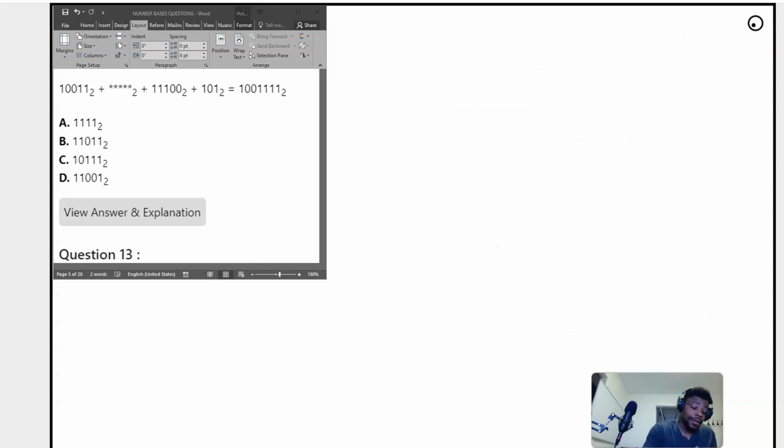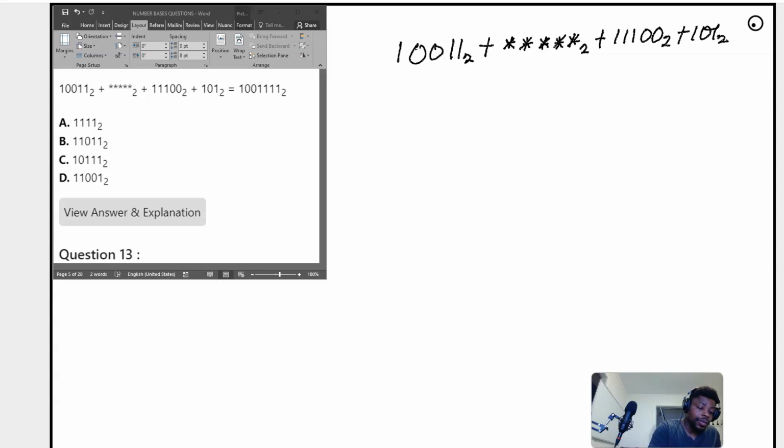Now, next question. So we have 10011 plus an unknown, with asterisk 1, 2, 3, 4, 5, so we don't know what that is, base 2, plus 11100 base 2, plus 101 base 2. And they said they got 1111001 base 2. Okay, let's quickly put this down.